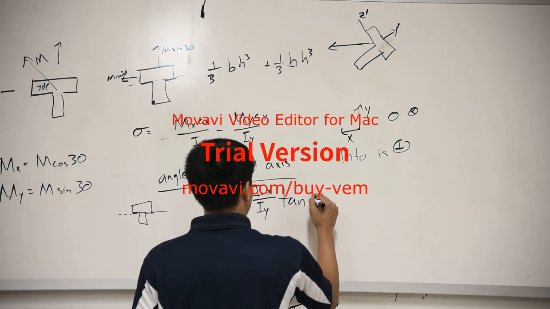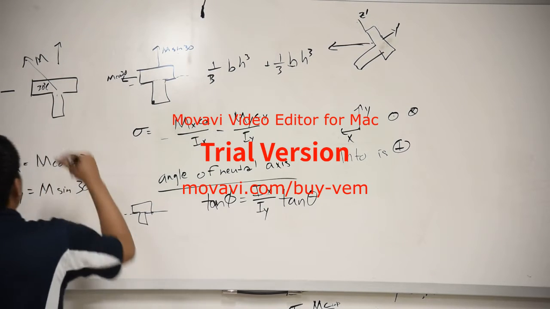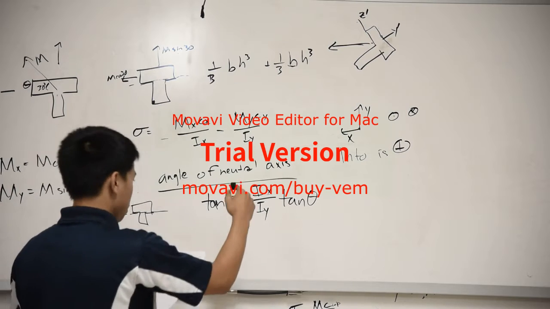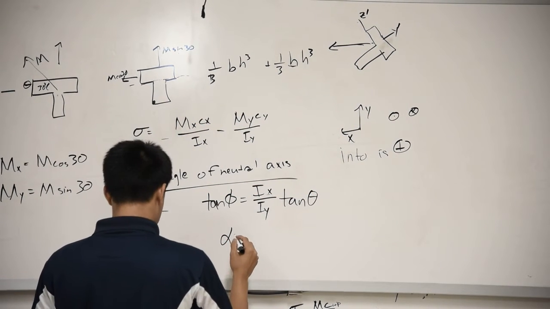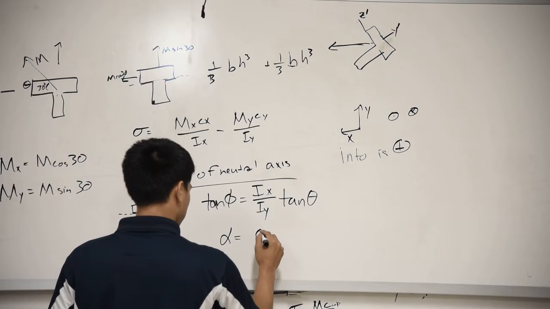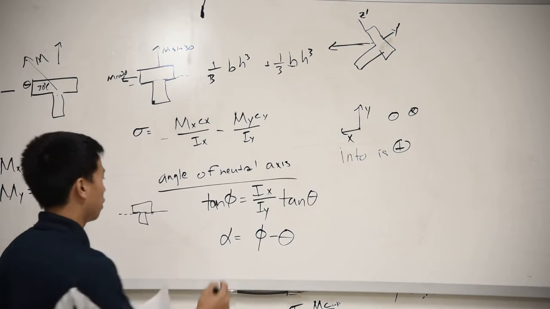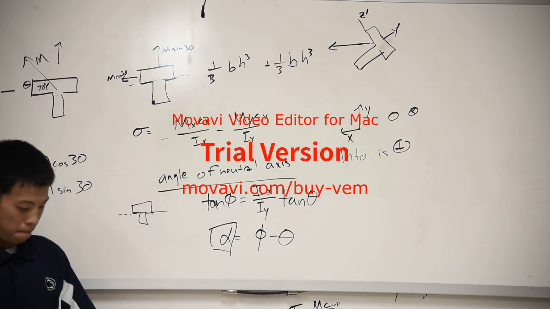Tangent theta. And then this theta is this 30 degrees. Okay? So you solve for phi, and this is your neutral axis angle.